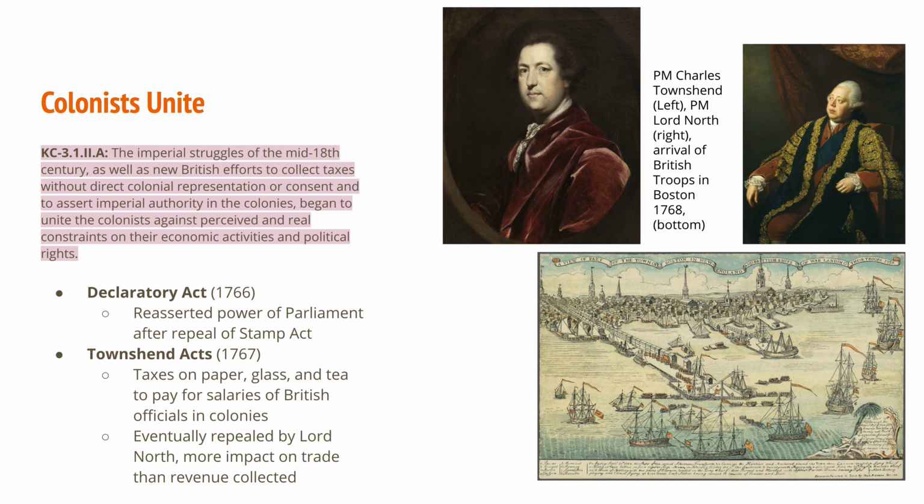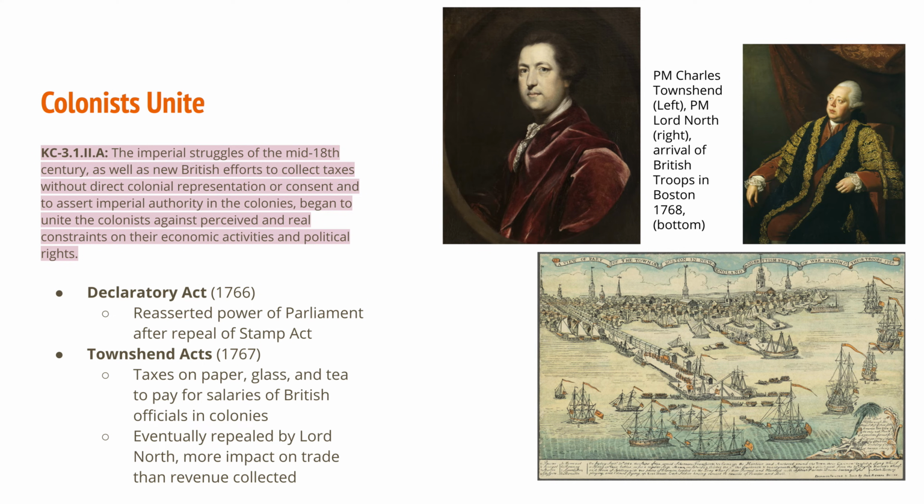After the Stamp Act was repealed, in order to save face, the British Parliament passed the Declaratory Act in 1766, which said essentially that we are still Parliament, we still have control over the British Empire, and if we want to in the future, we can pass another tax that's going to affect the colonies and they can't do anything about it.